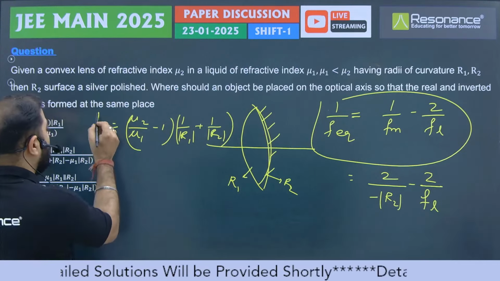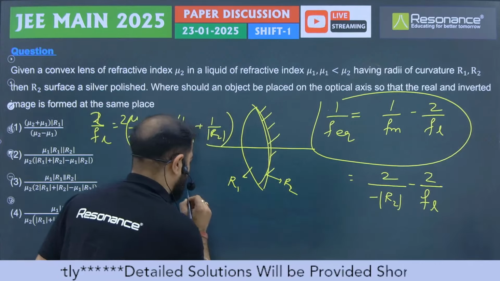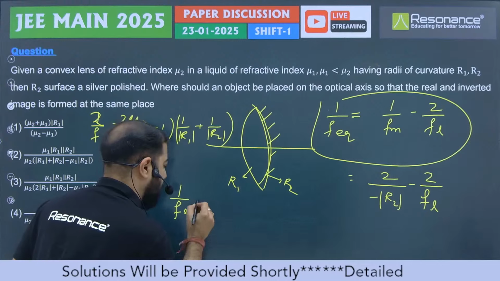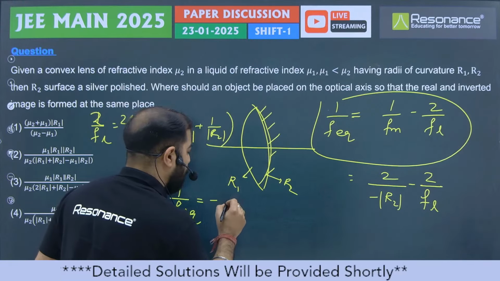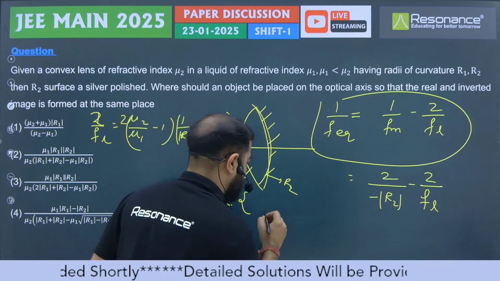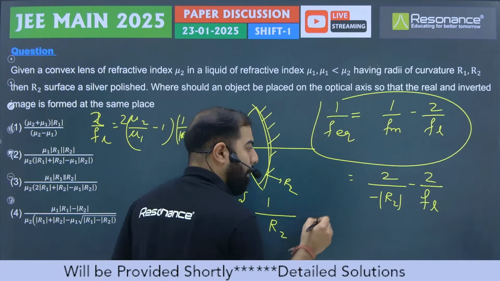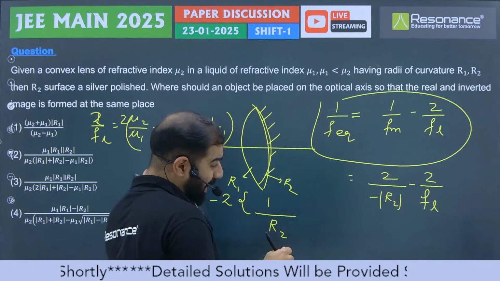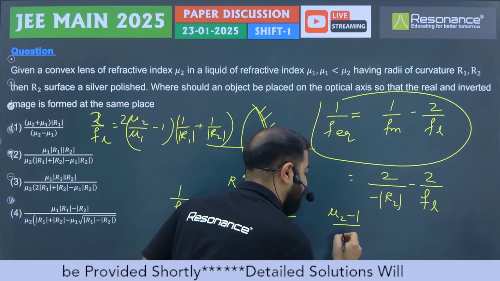So multiply both sides by 2. This whole will be plugged in there. So let's solve it. 1 by F equivalent is equal to minus of 2 common. So what is this? R2. It is 1. Focal length of the lens, mu2 minus 1.